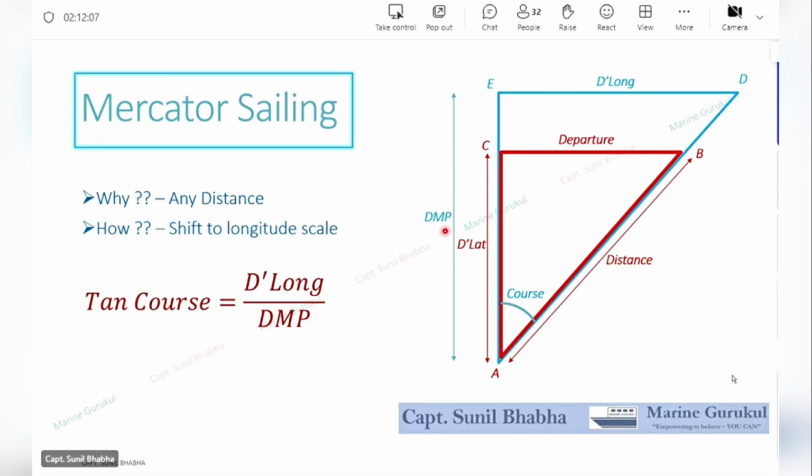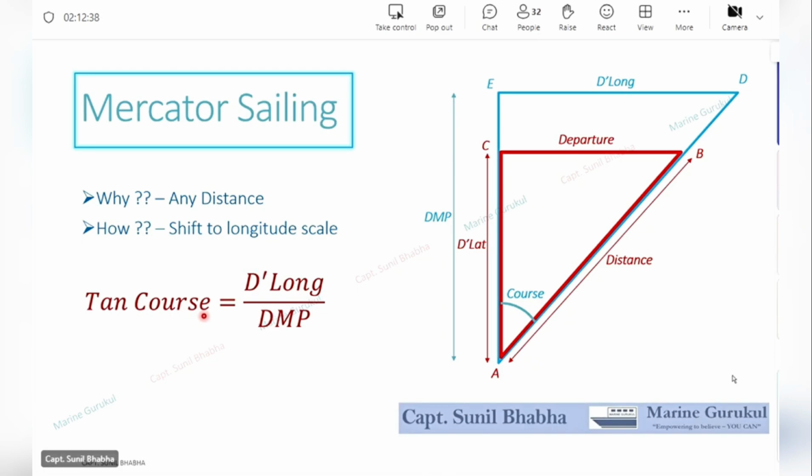As I told you, DMP is the number of times 1 minute of longitude can be placed between the initial latitude and the final latitude, and this is found out using the meridional parts table in the Norie's nautical tables. I will show you the meridional parts table in the coming slide. So once we obtain the DMP and the d long, they can be used in the formula to obtain a more accurate course.